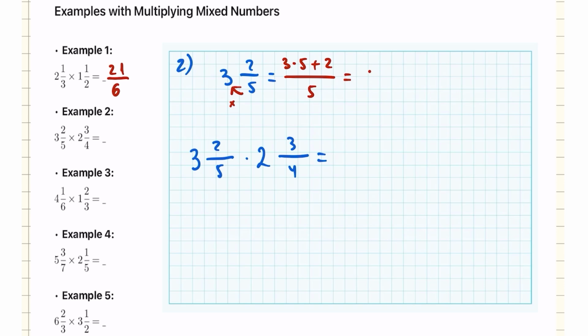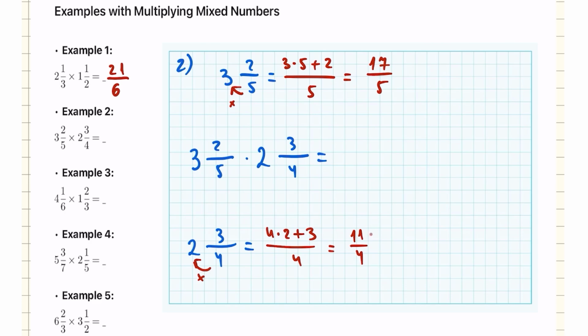So the answer is 15 plus 2, which is 17 over 5. Now the second fraction. We need to multiply the denominator and the whole number, 4 times 2 plus the top part 3 over 4. This is equal to 11 over 4.